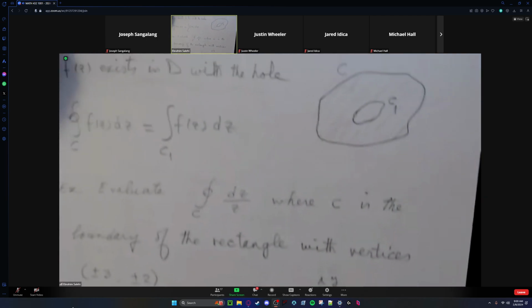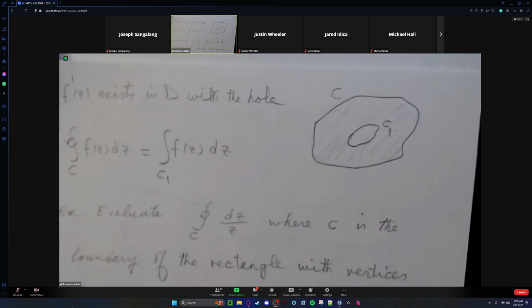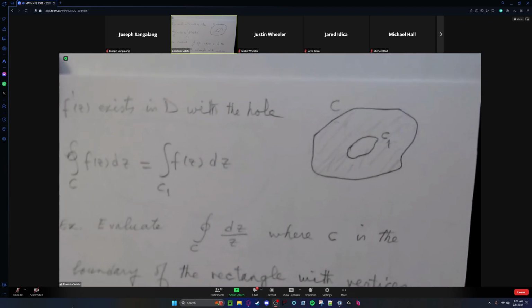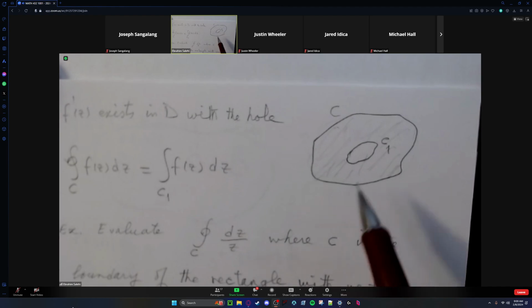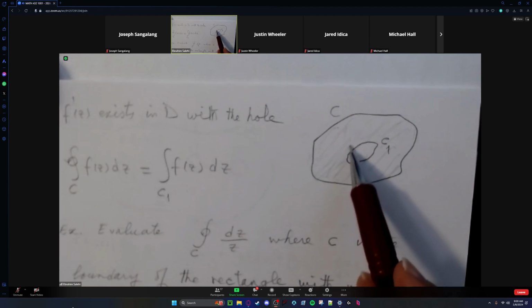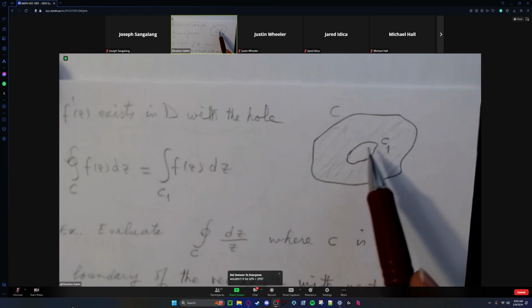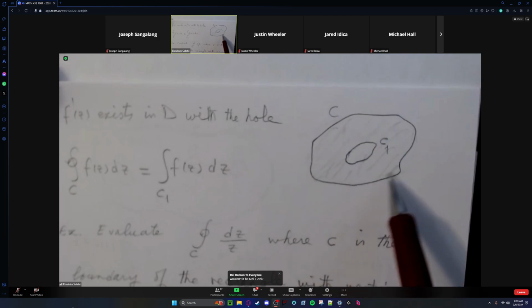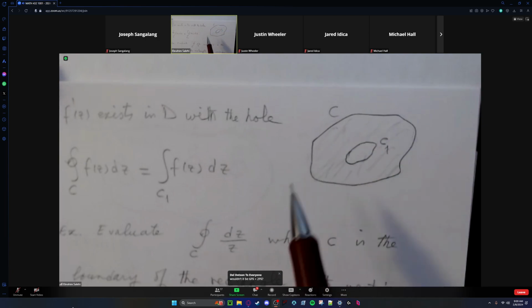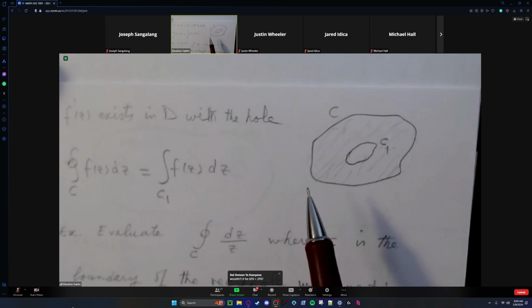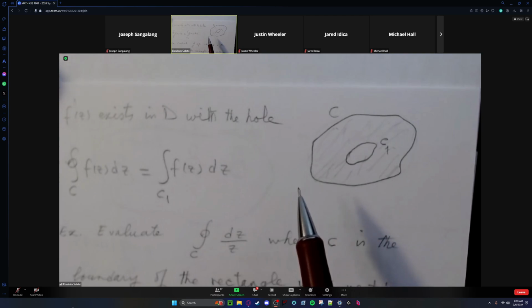So the Cauchy-Goursat theorem says if there is a hole, and the function is analytic in here, derivative exists, analytic.